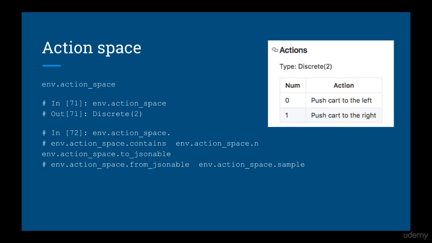If you type in env.action_space and hit tab, you can see again some functions and attributes that a Discrete object has. Again, we have the contains method and the sample method, and there's an attribute called n that tells us how many actions are in the action space. Actions are always numbered from 0 and up, just like how we treat classes in supervised learning.